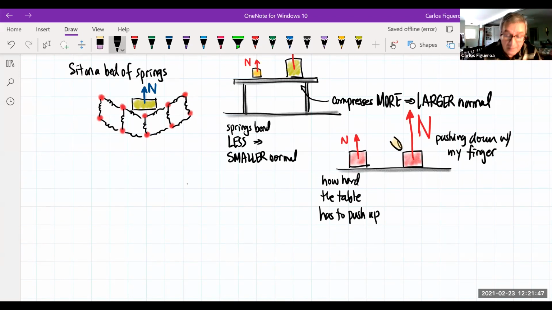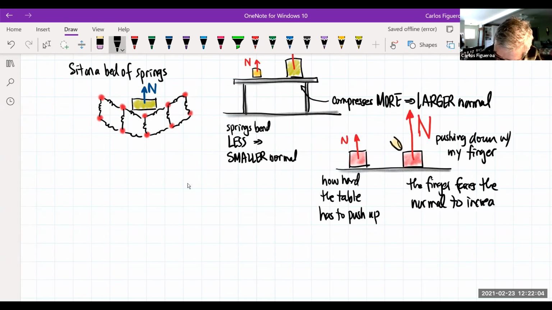So the finger forces the normal force to increase, because you have more spring forces being compressed. The more you compress a spring, the more it works. So that's just the normal force for a flat surface.